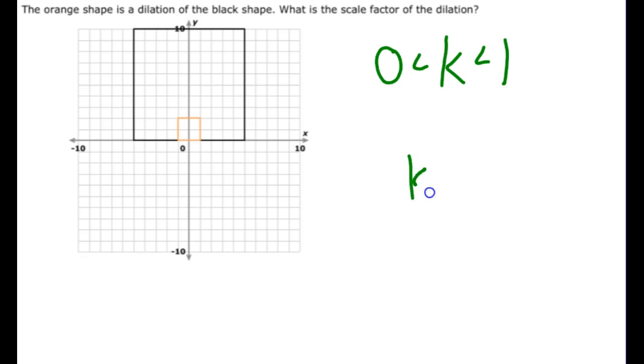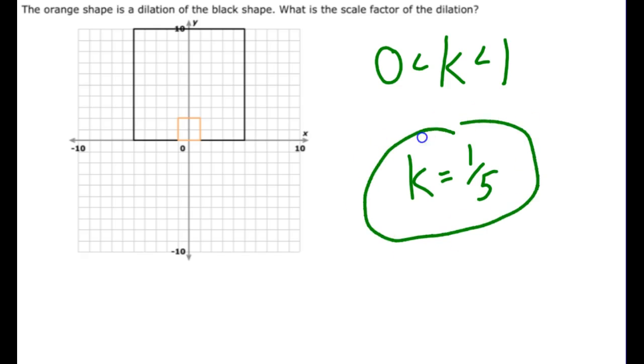Using a little logic, we should be able to determine that we would have to multiply by 1/5. If you take 5 times 1/5, the reciprocal, you're going to get a value of 1. So the scale factor in this case is 1/5. That is between 0 and 1. This is a reduction, which makes sense because the image is smaller than the pre-image.